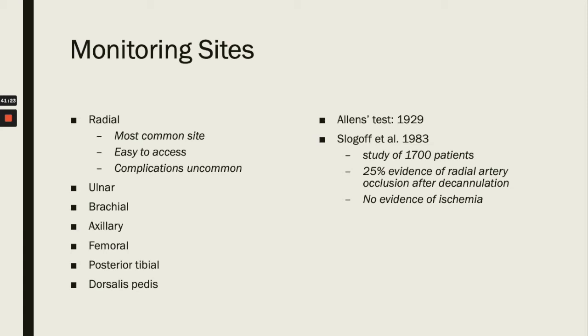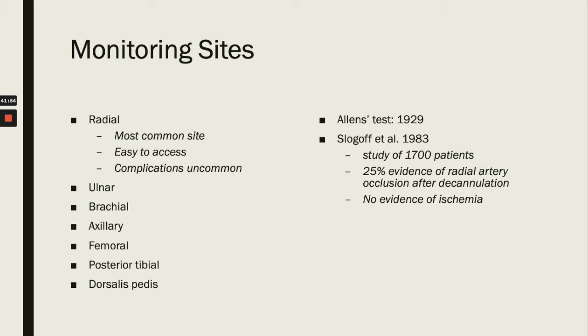The posterior tibial and dorsalis pedis, the lower extremity vessels, tend to demonstrate greater disagreement with non-invasive blood pressure, the NIBPs, with the diastolic and the mean measurements being the most affected. So that's just something to think about if you are using a lower extremity for an arterial line for blood pressure. You will probably have less agreement between the mean and the diastolic pressures.